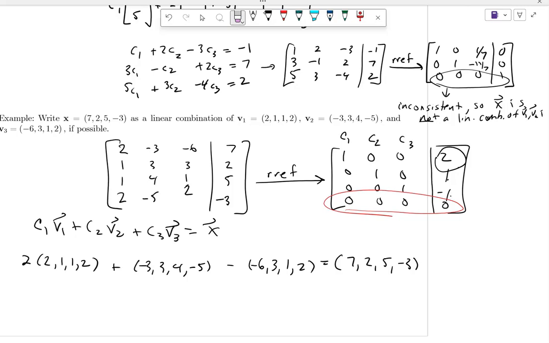Yeah. So visually speaking, X is the vector that's the result of V1, V2, V3. As the only result. In other words, you mean the only way to do it? No. It's the only answer. In other words, if you add those three vectors together, you're going to get 7, 2, 5, if you use those constants, yes.